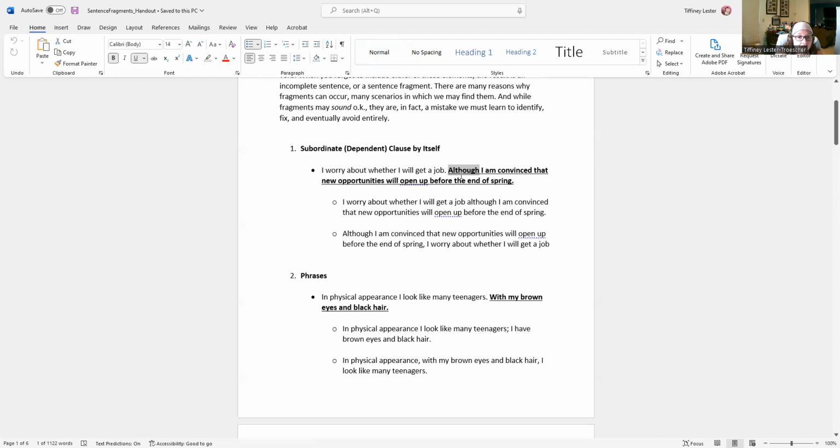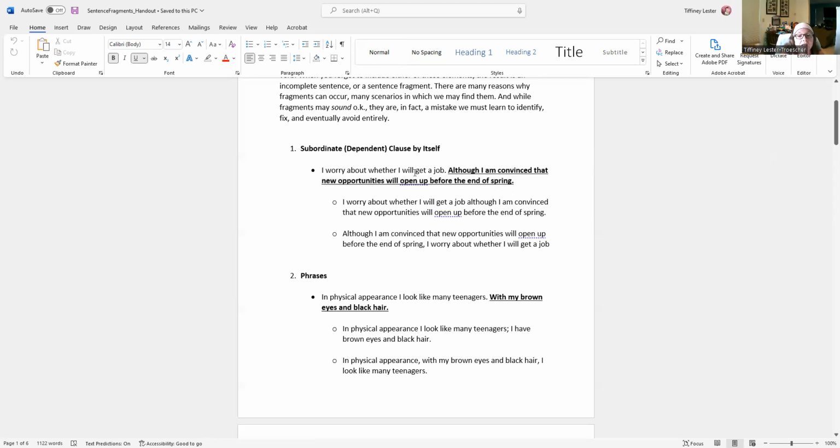Using this word has turned this whole sentence into a dependent clause. It now has to be attached to a complete sentence in order to be grammatically correct. So if we don't connect it and we leave it hanging out on its own like this, we have a sentence fragment. It's an error.